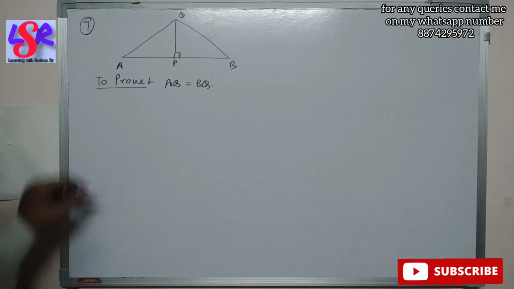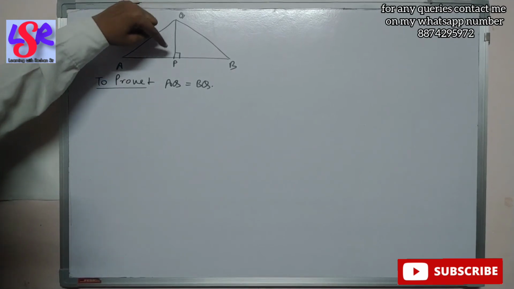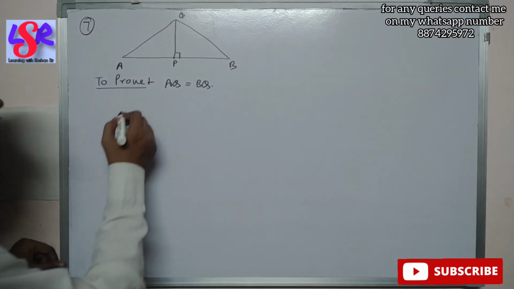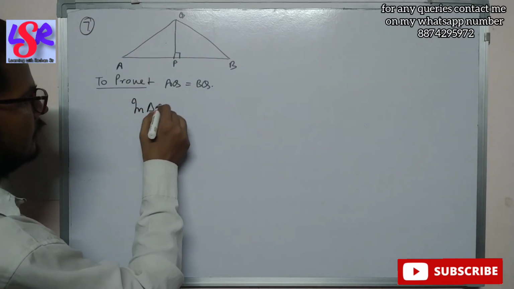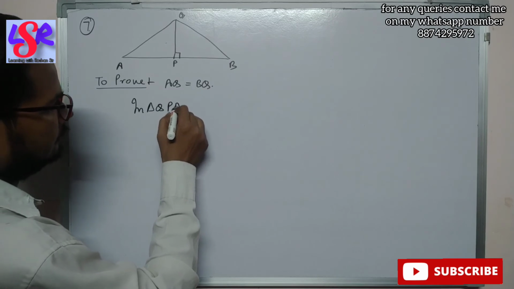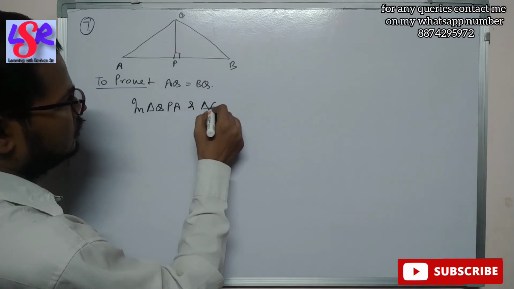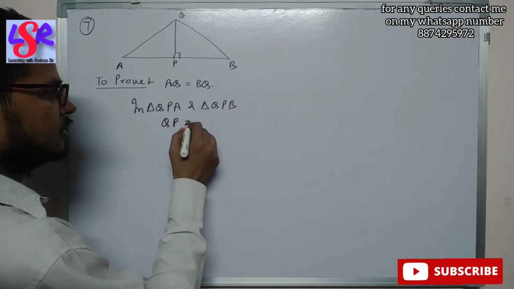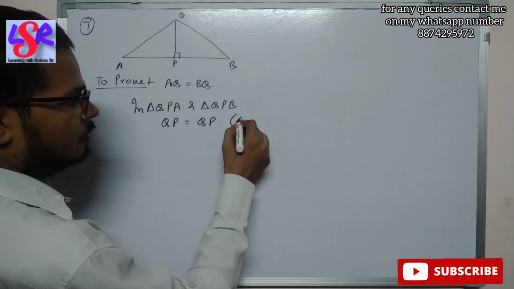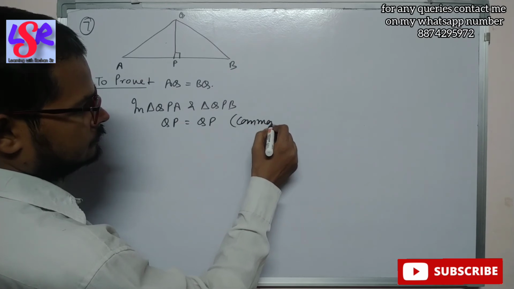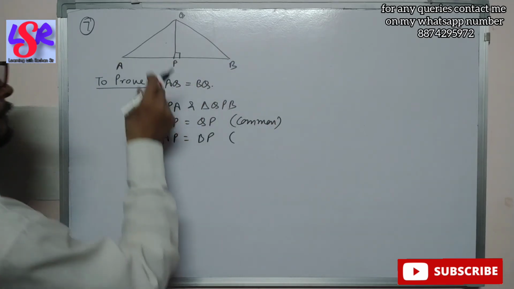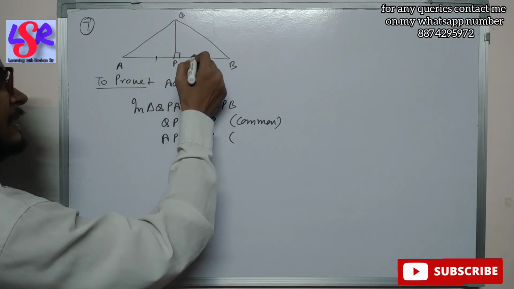Now here we can take the triangle QPA and triangle QPB. So in triangle QPA and triangle QPB, here QP is equal to QP, common. Then AP will be equal to BP because P bisects AB.